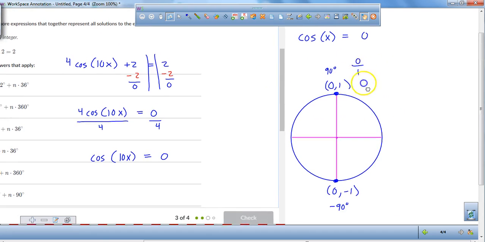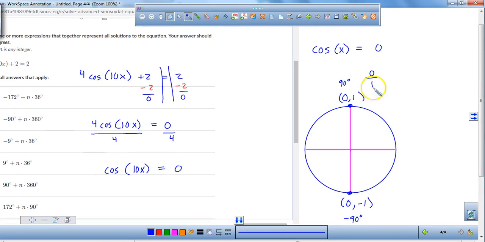And that's where the x value ends up being like this is your x value, this is your r value on the unit circle, because we're dealing with cosine. Cosine is x over r. Sine is y over r, but cosine is x over r.